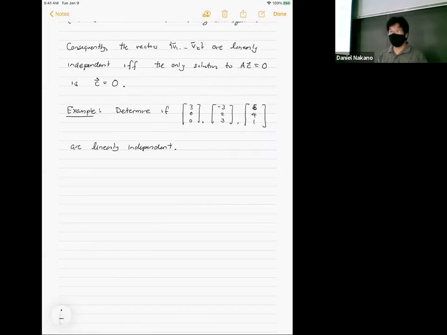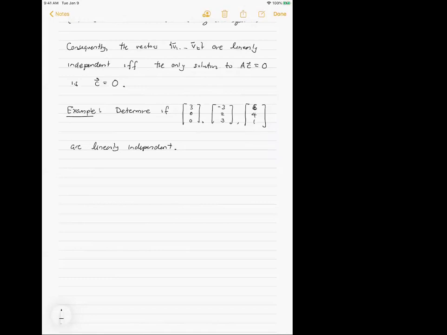Okay, so how do we do this? Anyone? We would put the vectors in a matrix called A, and we would augment that with the zeros and see if there are any free variables. If there aren't, and the only solution is the trivial one, then they would be linearly independent.